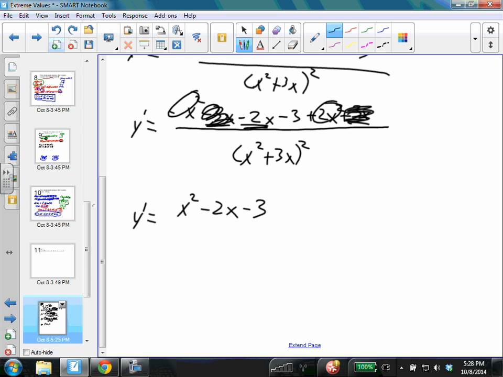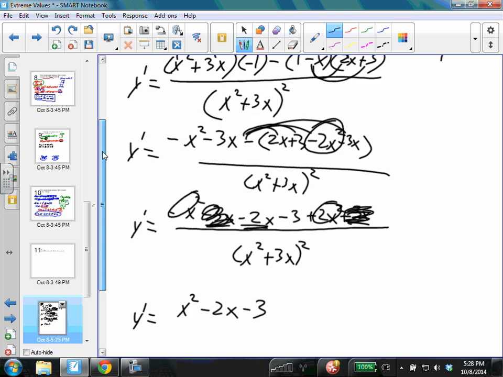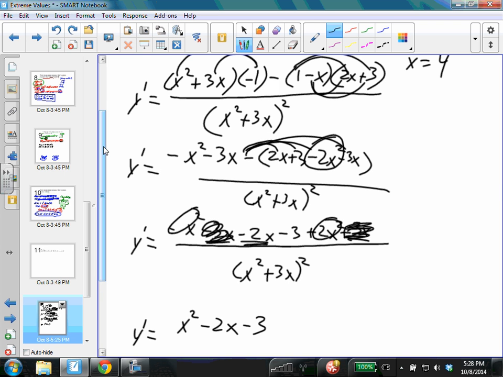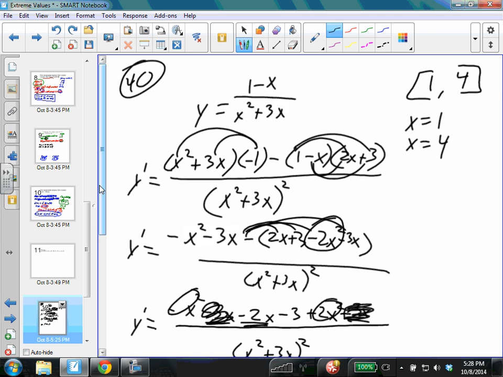And I'm going fairly quickly here, so hopefully I didn't make a mistake. Let me come back and just check through what I did again really quickly. Okay, for my derivative, low d high minus high d low. That looks good.